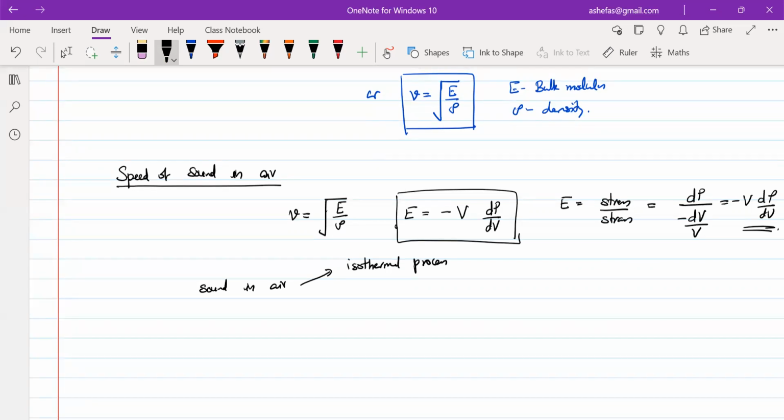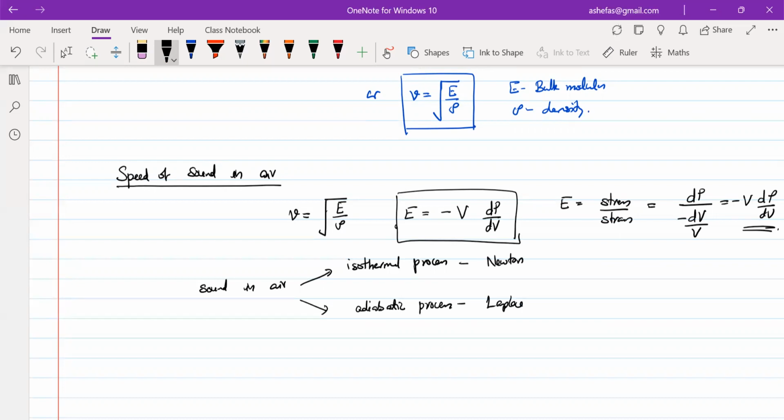The first idea is that the propagation of sound in air is an isothermal process, which was introduced by Newton. There is another theory as well, introduced by Laplace, which says that the propagation of sound in a gas is an adiabatic process.